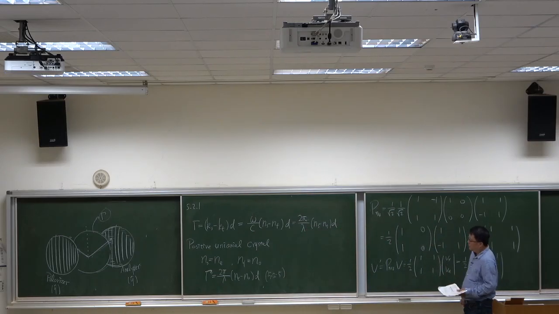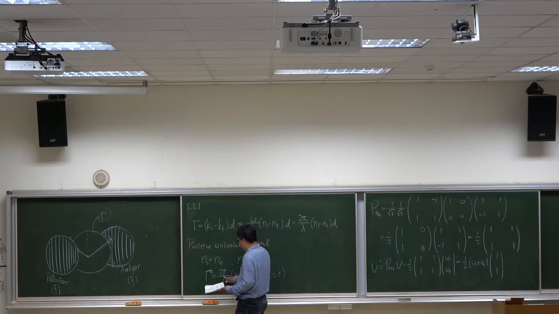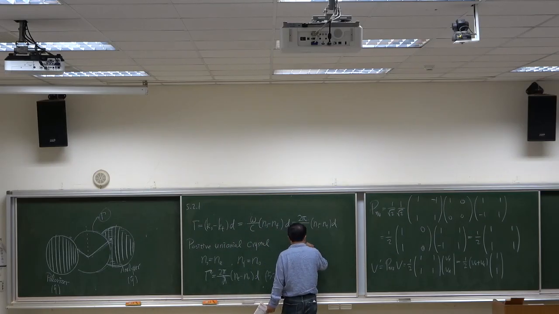好，那我们基本上是改变入射的波长呢，就会改变这个 gamma 啊。Here lambda is the wavelength in vacuum.